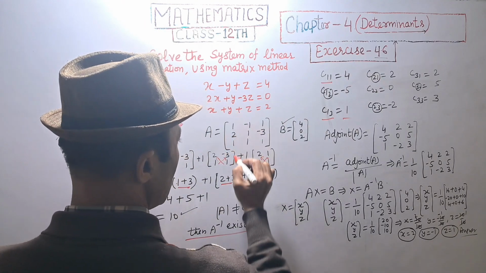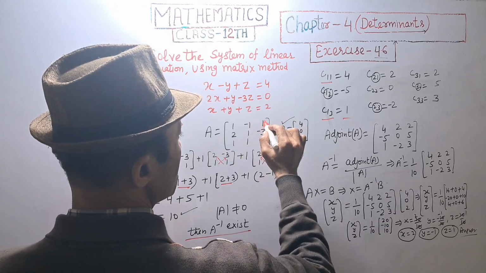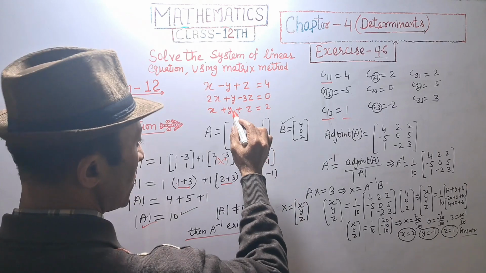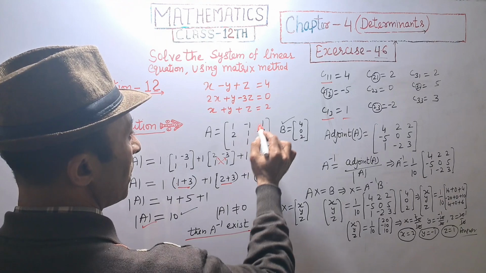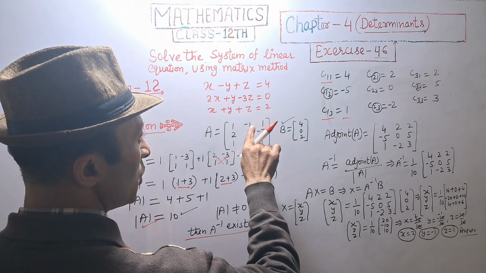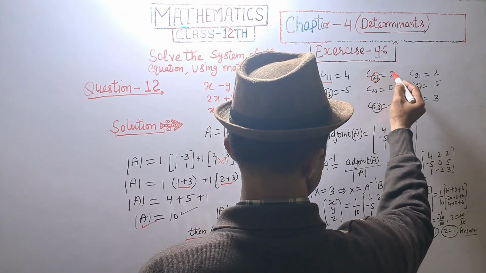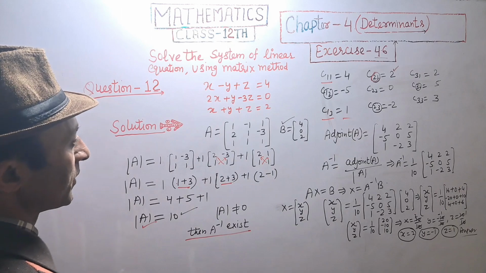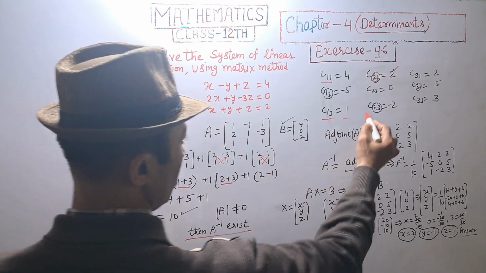C21, second row first column: 1 1, that is minus 1 minus 1, that is minus 2. Since 2 plus 1 is 3, this number multiplied by the sign minus gives a positive 2. C22: 1 minus 1 is 0.